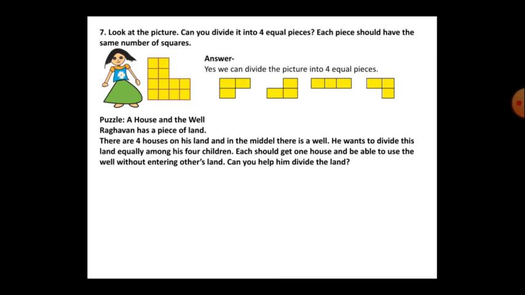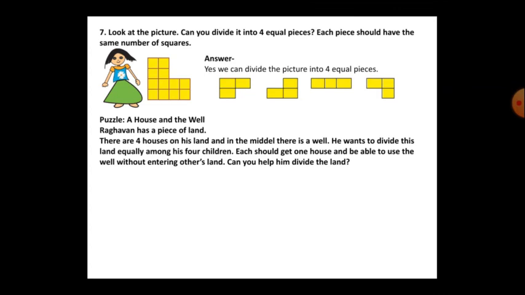House and the well. Raghava has a piece of land. There are 4 houses on his land, and in the middle of the land there is a well. He wants to divide this land equally among his 4 children. He has 4 children, he has to divide equally among them. Each should get 1 house. 4 children, 4 houses.